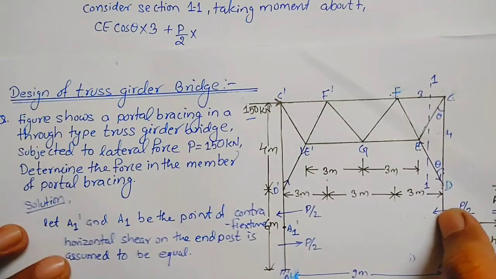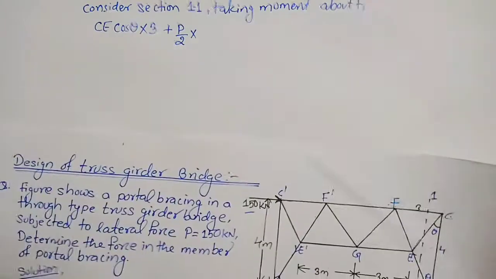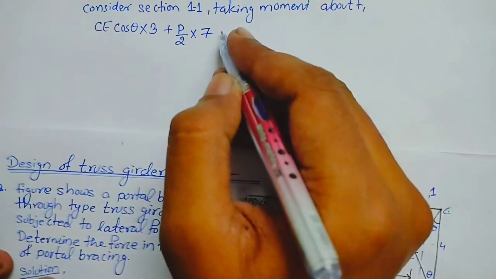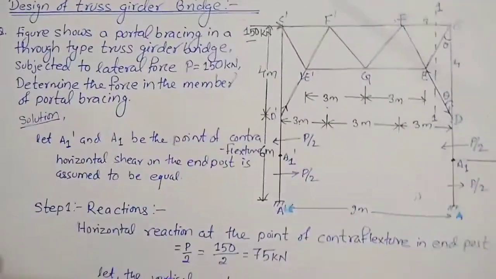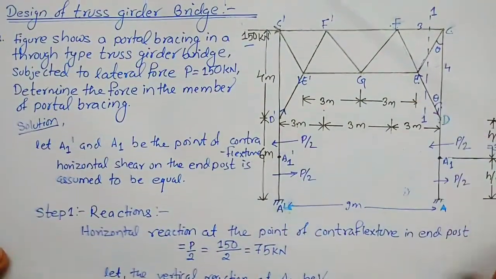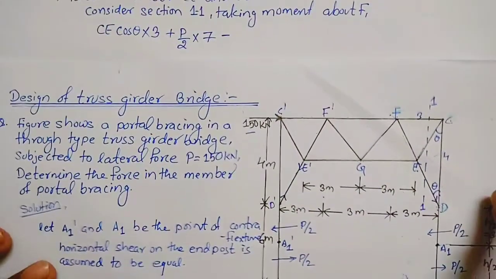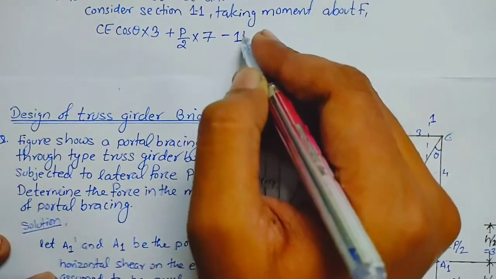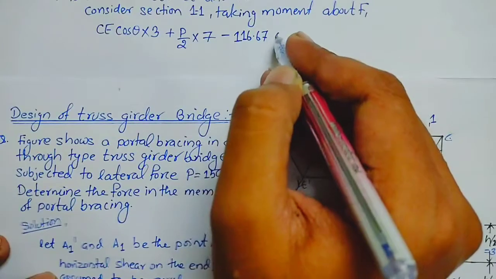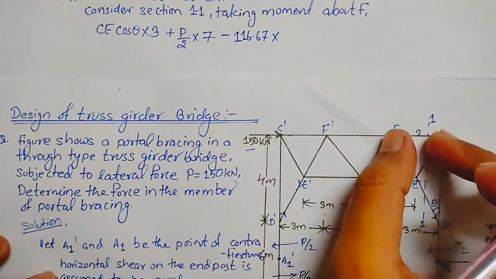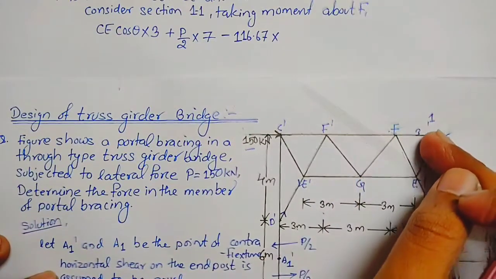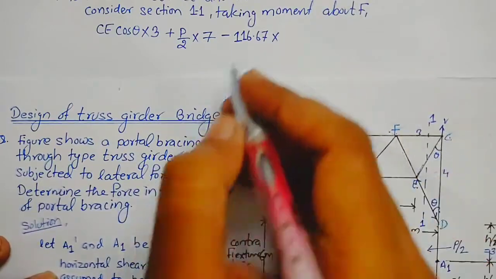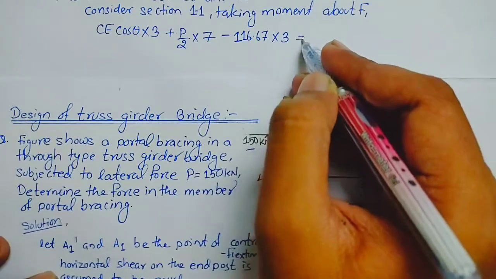We are taking distance up to this point, so 4 plus 3 will be equal to 7, and the vertical reaction is making anti-clockwise movement, so that will be minus, and the value of the vertical reaction is 116.67 times, and the vertical reaction is acting along this line, and the span of the vertical reaction V is 3 meter, so times 3 will be equal to 0.